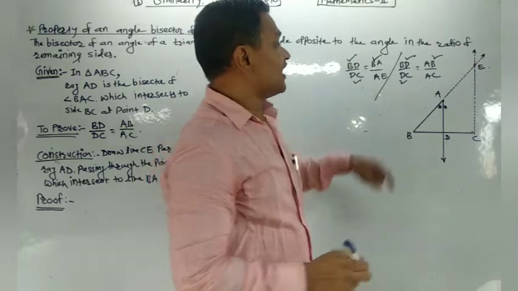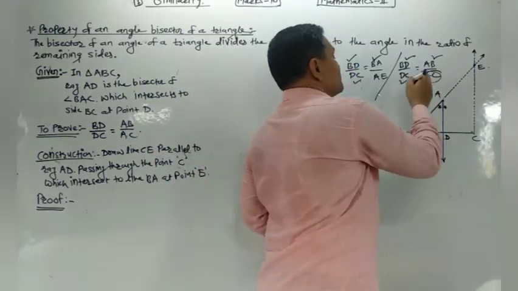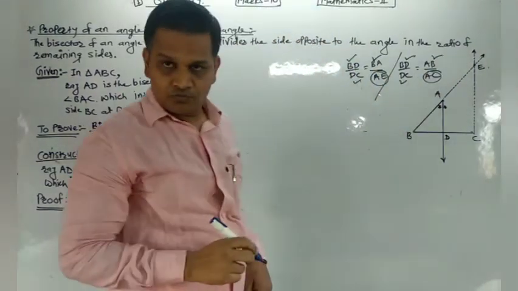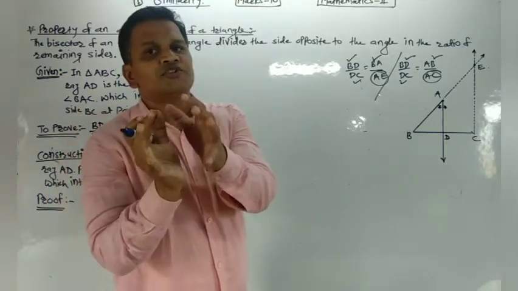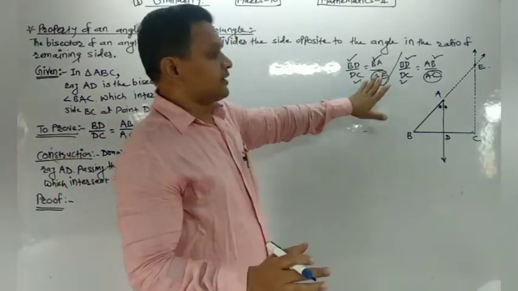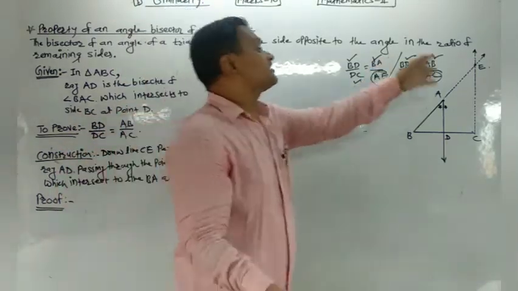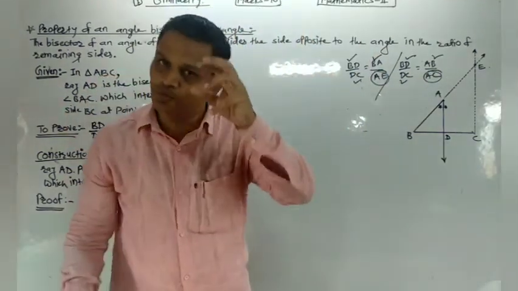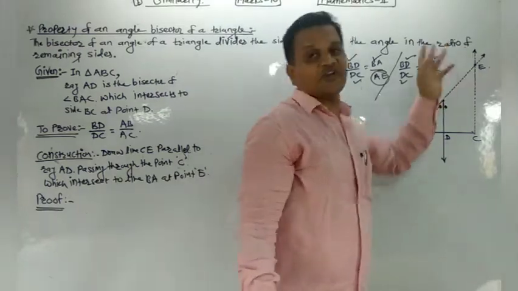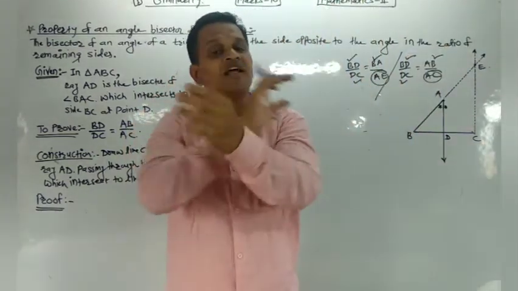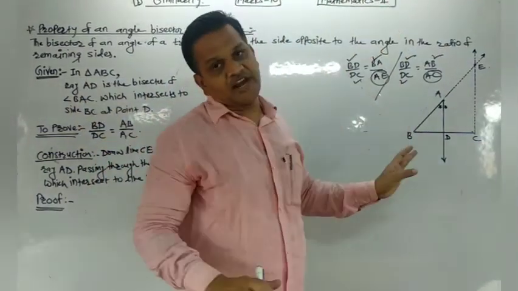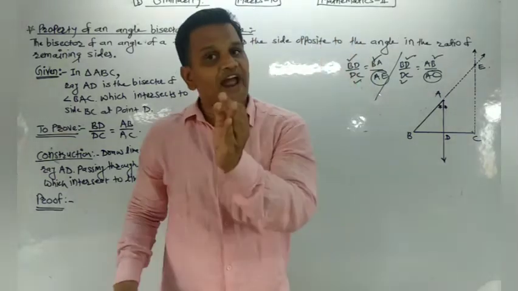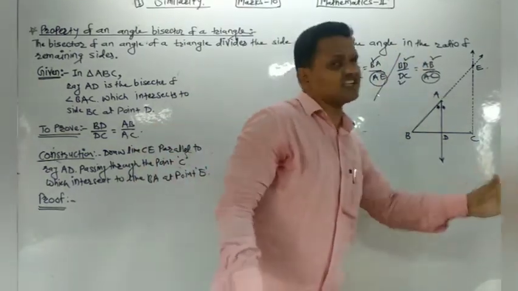We want to write AC instead of AE. We are able to write AE, but we want AC. This is the main central idea of this theorem. We must prove that AE equals AC.